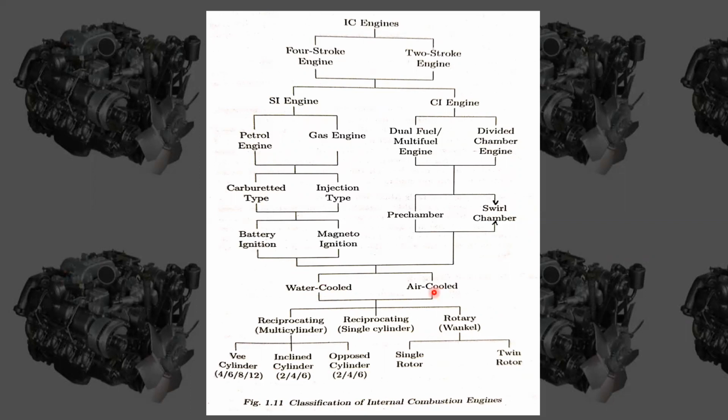In an air cooled engine, I already showed you a cylinder which has fins. We provide fins to improve the surface area, and if we improve the surface area, we get more effective cooling. With the increase in surface area, the air stays there for more time, which increases the effectiveness of cooling in the air cooled engine.